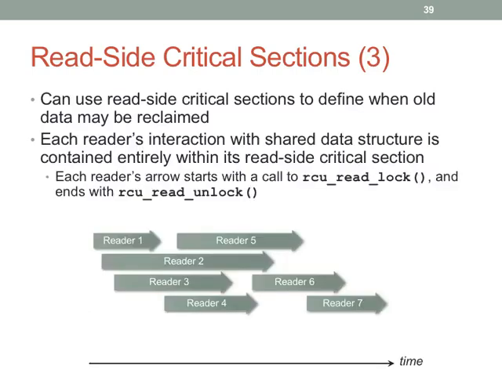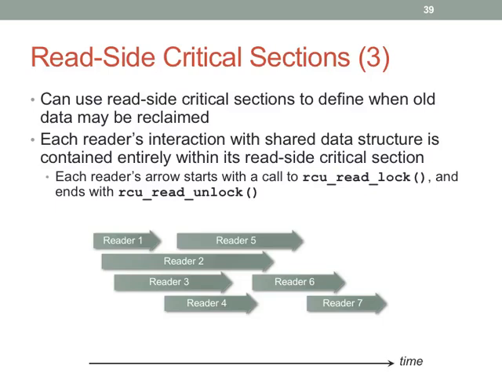So basically, this notion of Readsite critical sections can be used to figure out when stuff can be reclaimed. Notice I have time, program is running, I have readers overlapping, it's a beautiful world, and they all start with RCU read lock, they end with RCU read unlock, and then some number of times inside they call RCU dereference.